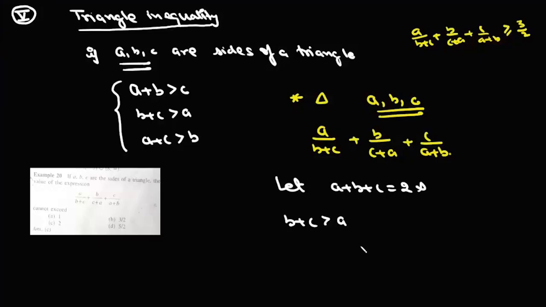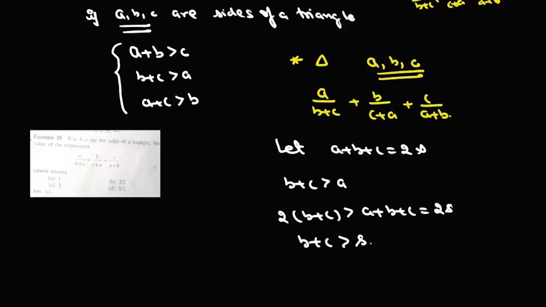If we add b plus c to both sides, we can write 2 times b plus c will be greater than a plus b plus c, which is 2s, or simply we can say b plus c is greater than s. In the same way, c plus a is greater than s and a plus b is greater than s.